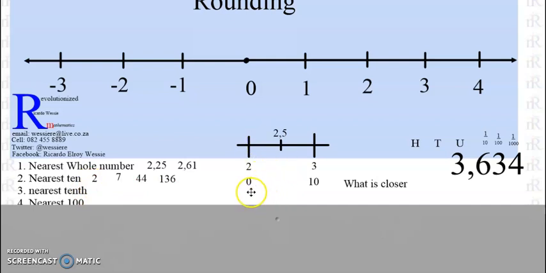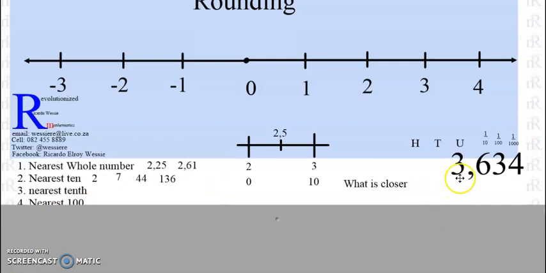So the closest 10 will be 0. 7, 5, 6, 7. It will be closer to 10. 44. Closer to 40 or closer to 50? Closer to 40. 136 will be closer to 140 than what it is to 130.